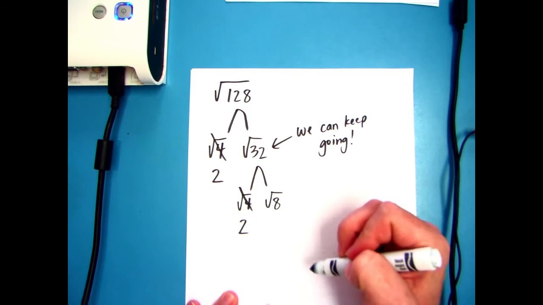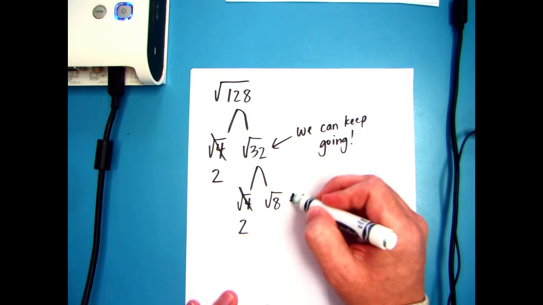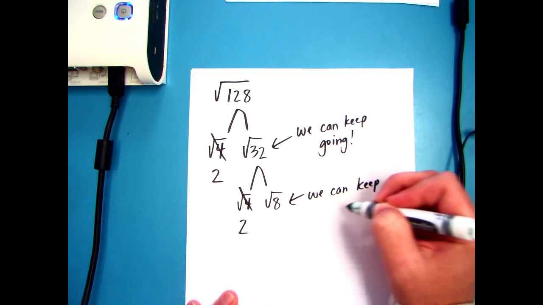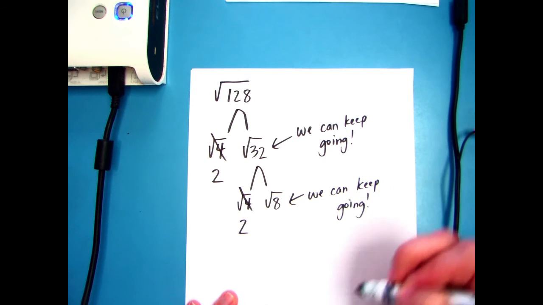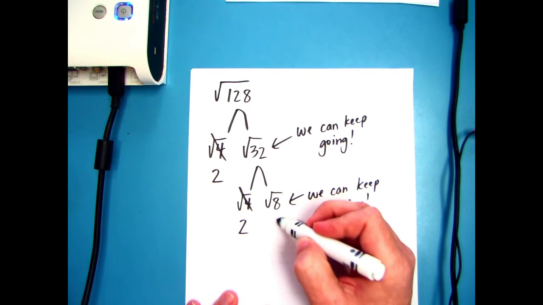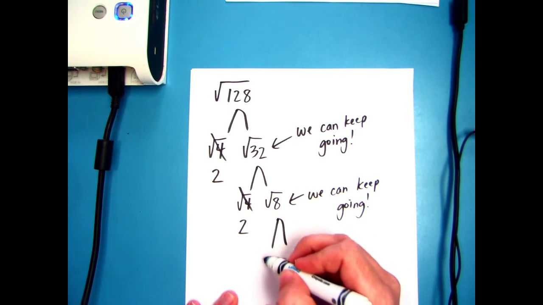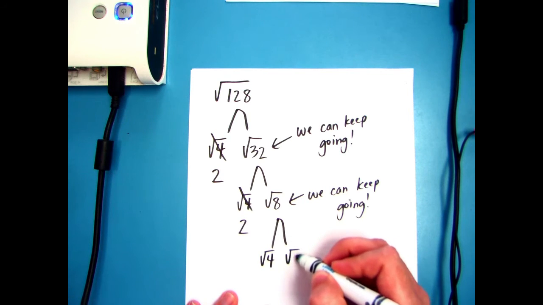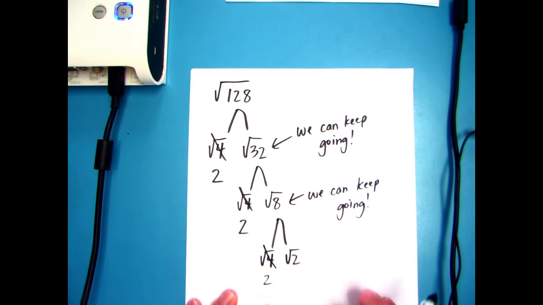We chose those because square root of 4 is a perfect square. That can reduce to 2. When you look at square root of 8, we can keep going. There are factors of 8 that are perfect squares, being square root of 4 and square root of 2. Square root of 4, again, is 2.